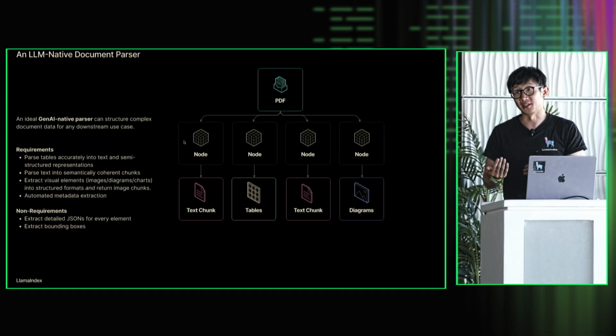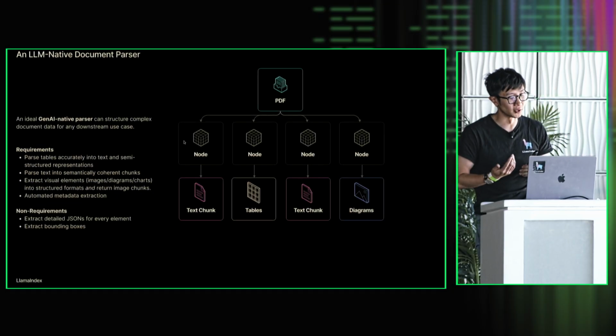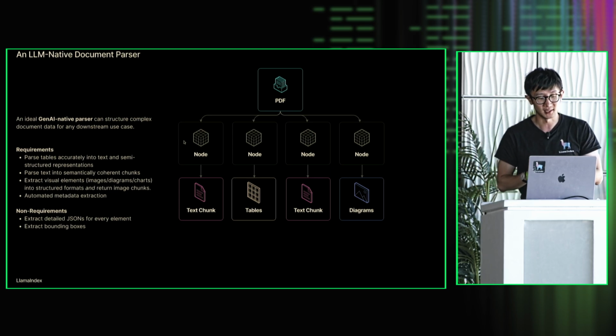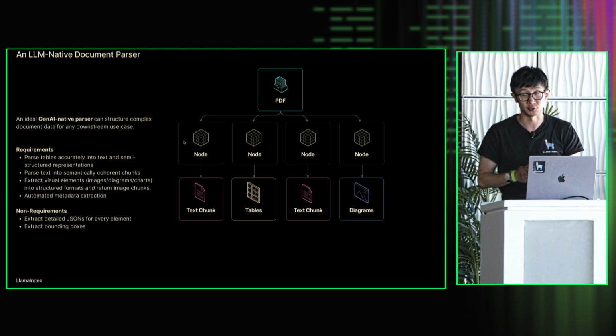It can also ideally recognize where there are visual elements on the page. So for instance, images, diagrams, and charts, put that into structured formats and return image chunks for your multimodal RAG pipelines. And as a bonus, maybe it can actually extract out structured information from your unstructured data as well, beyond just text parsing.